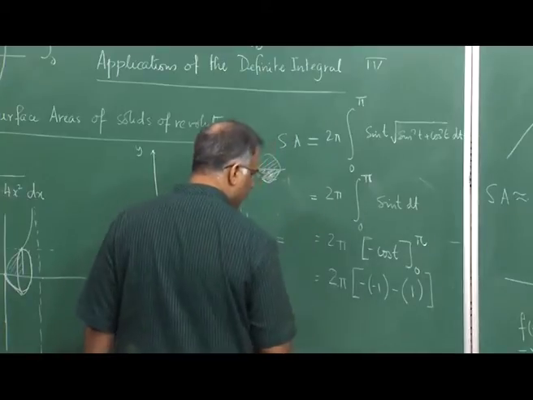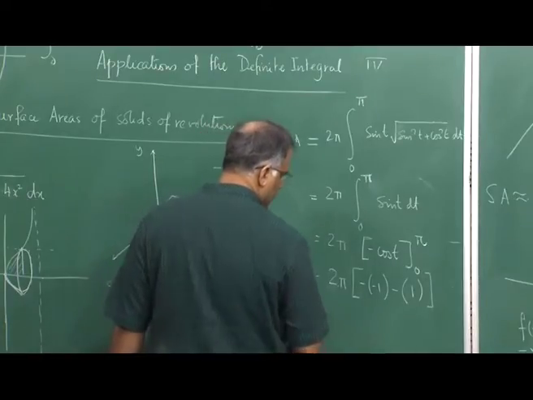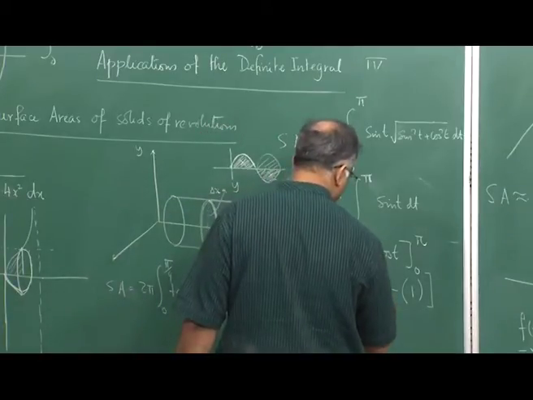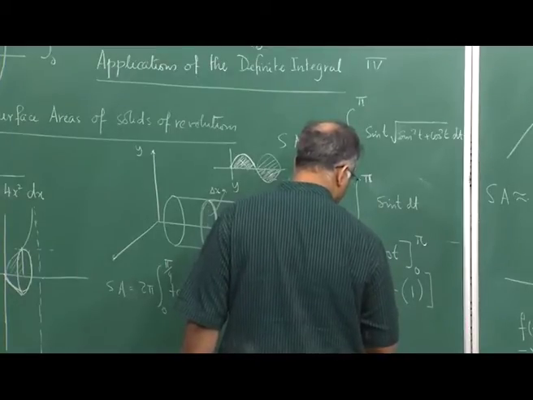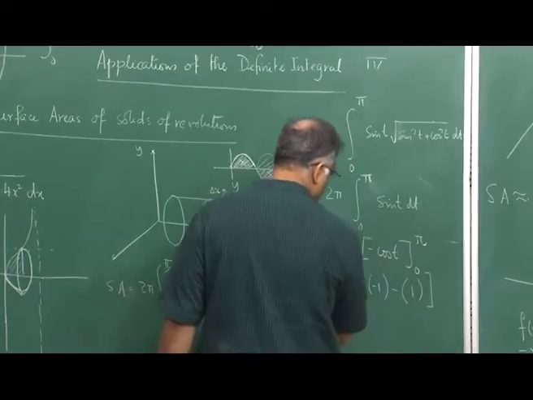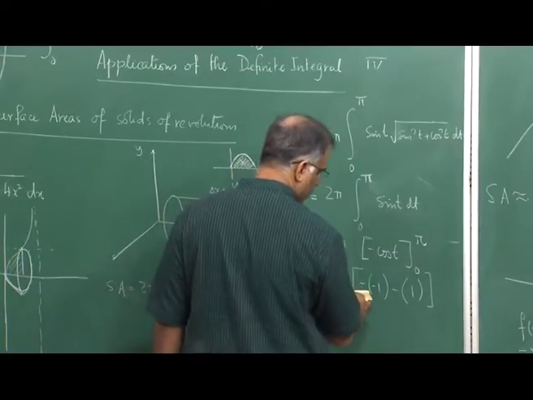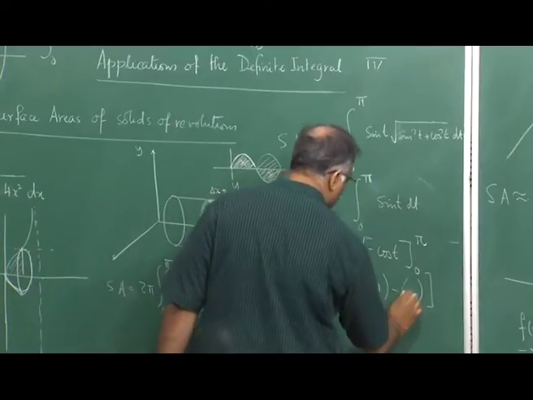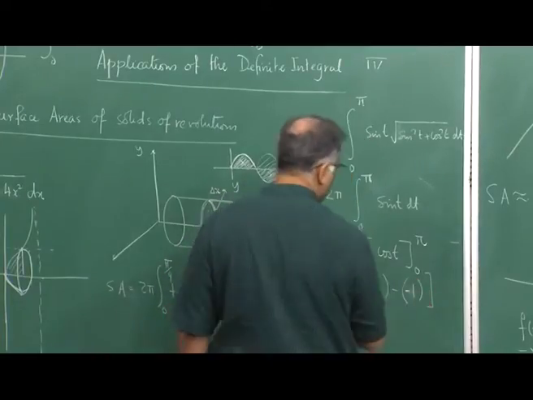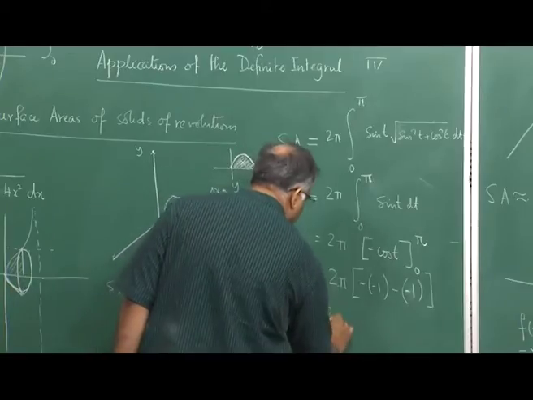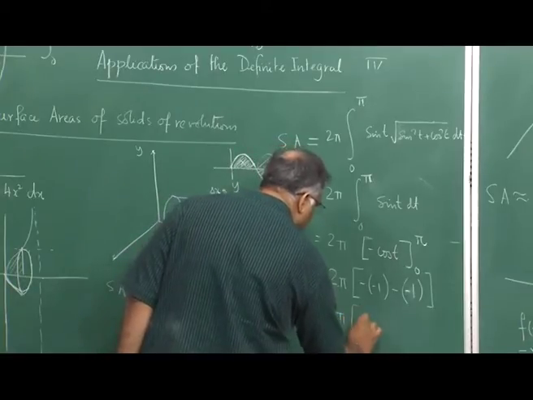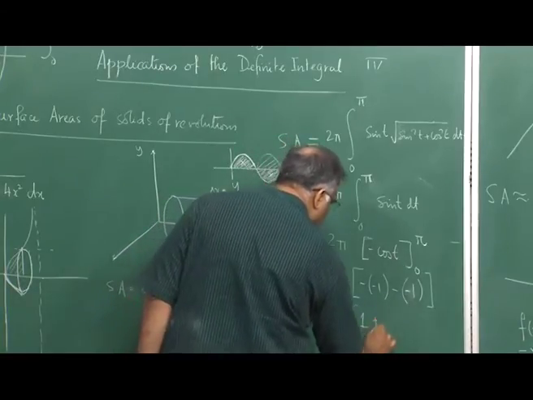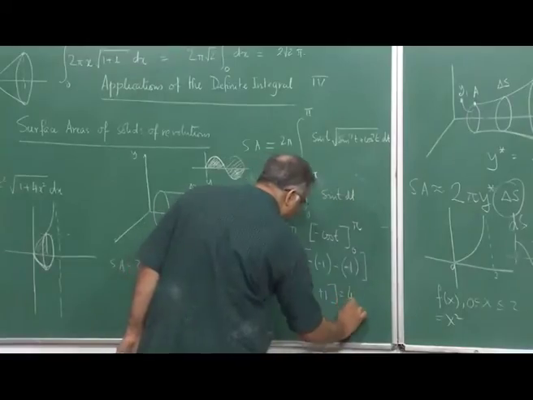So, it is again giving me 0, minus 1, minus 1, plus 1. This is minus cos of t. So, it is minus 1. So, it is giving me 2 pi into minus 1, minus 1, plus 1, minus 1, minus 1, plus 1. So, it is 4 pi.